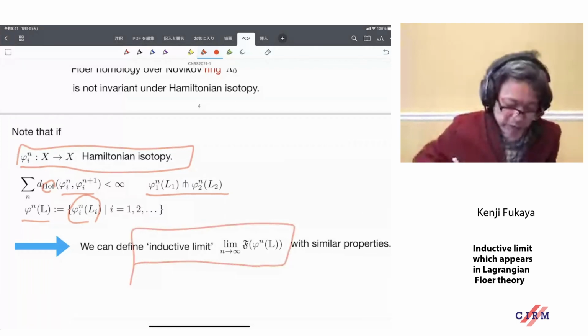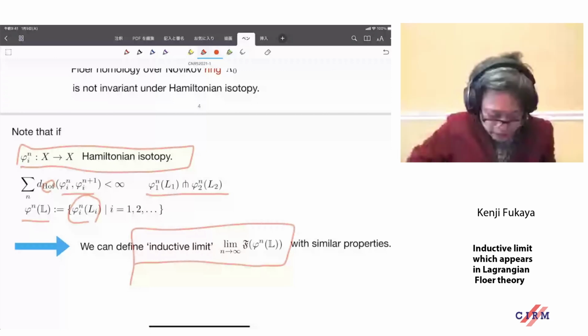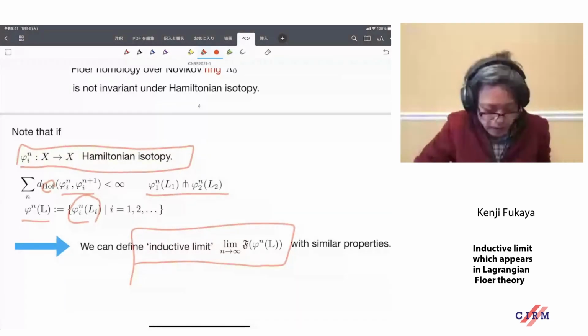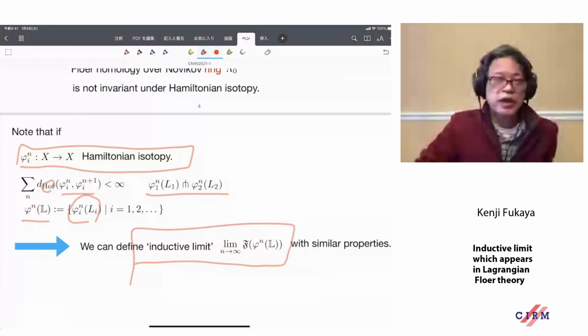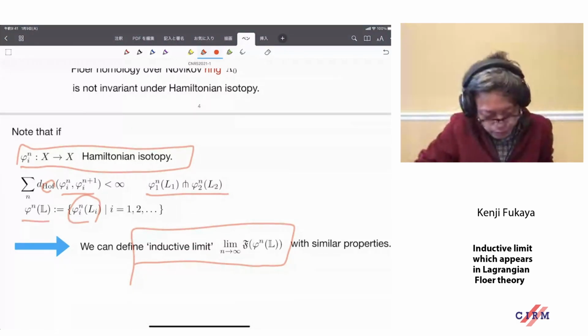It means that you have a set of Lagrangian submanifolds which is in a sense a Cauchy sequence with respect to this Hofer distance, and then we can still construct this infinity category in this limit. So that's something I want to do today.